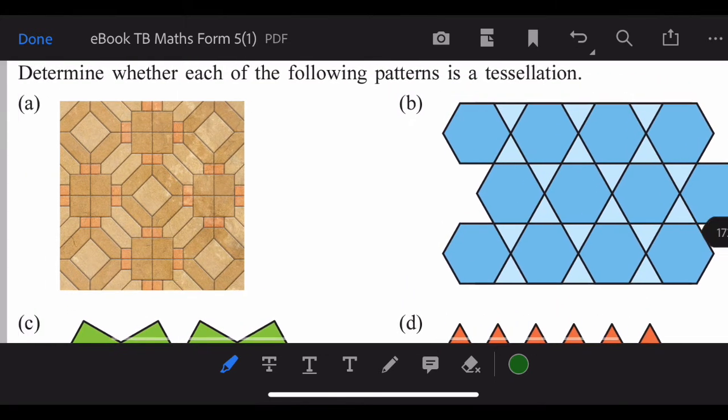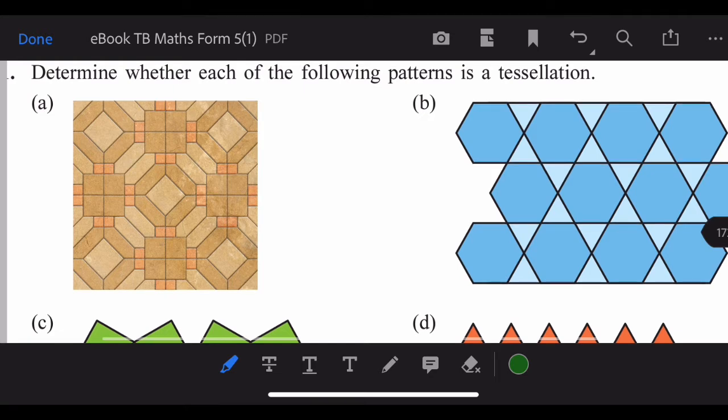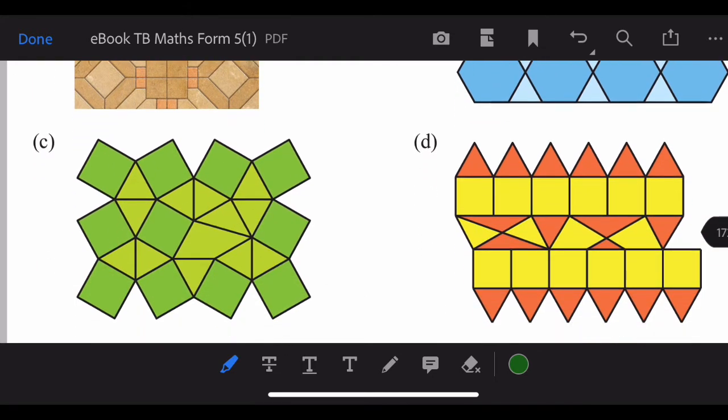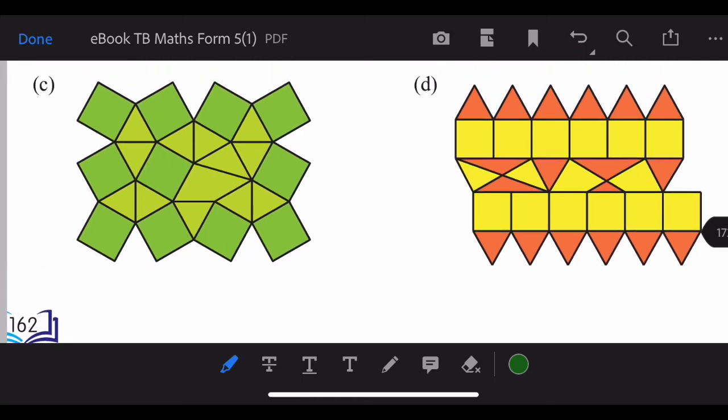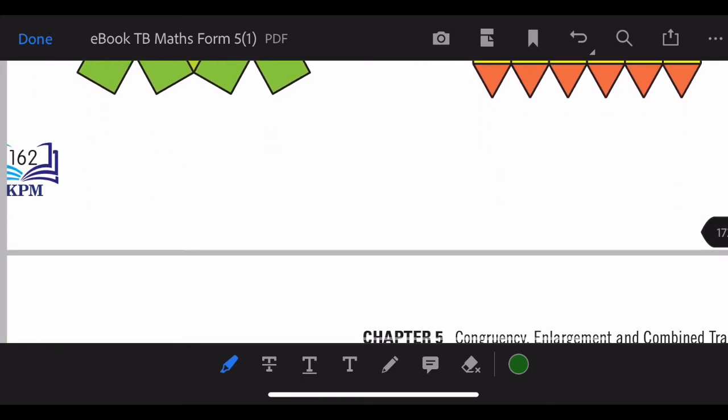Have you jotted down the answer for A and B? How about C? Is it a tessellation? Observe the pattern carefully. And D, is it a tessellation? I let you jot down the answer.